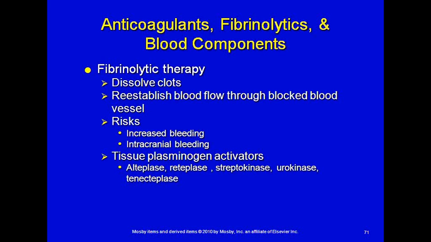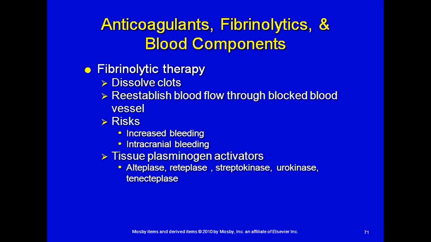Fibrinolytics include tissue plasminogen activators, or TPAs, and they include alteplase, reteplase, streptokinase, urokinase, and tenecteplase. Tenecteplase is the most common one that we see given for the heart anymore, because it's a single bolus based on weight, not to exceed 50 milligrams. It can be given quickly.